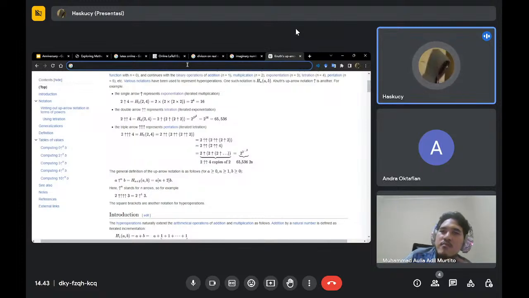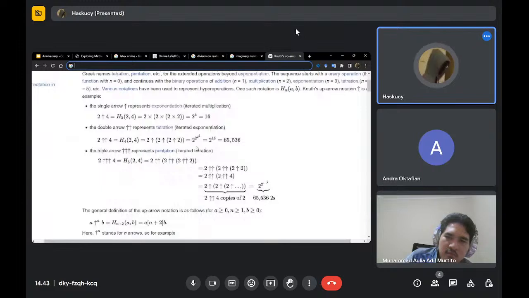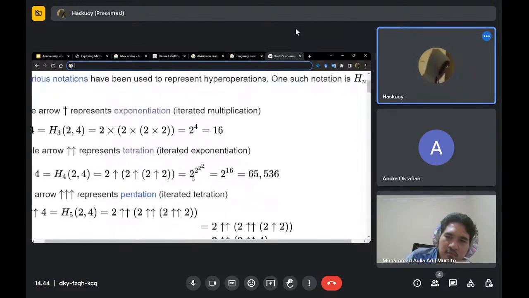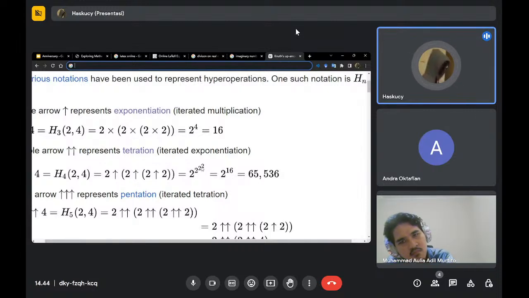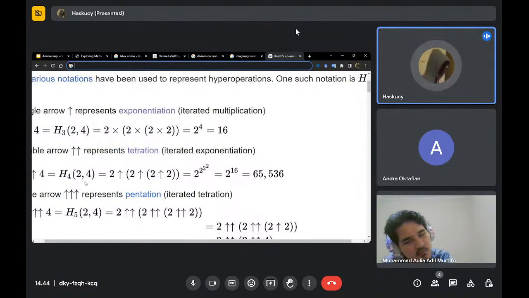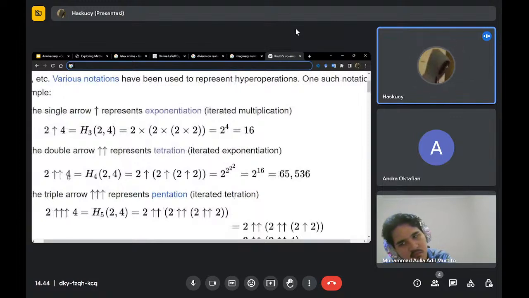Rather, we don't have a definition of tetration for, for example, non-integers. Tetration is easy for natural numbers, because it's iterated, like 2 to the power of 2 to the power of 2 to the power of 2, 4 times. But what if you change this 4 into one half, 0.5?